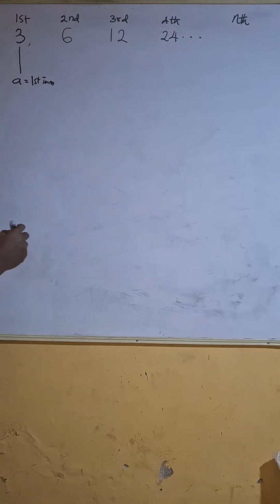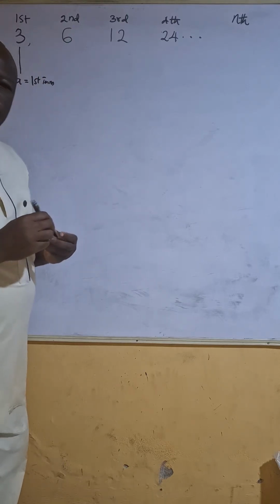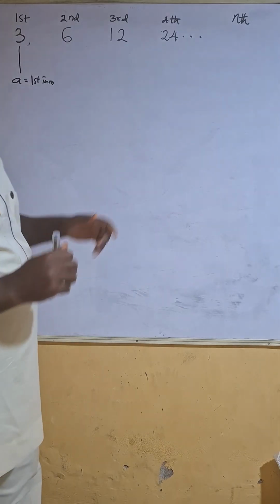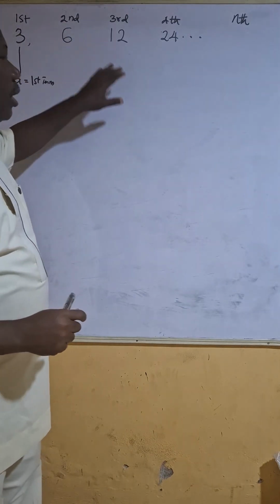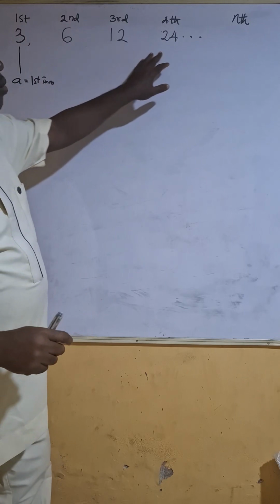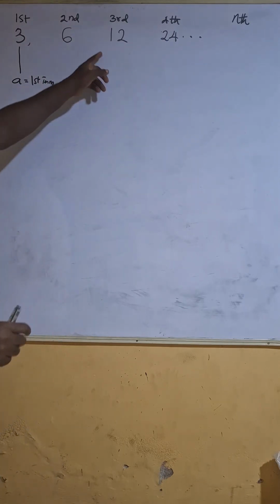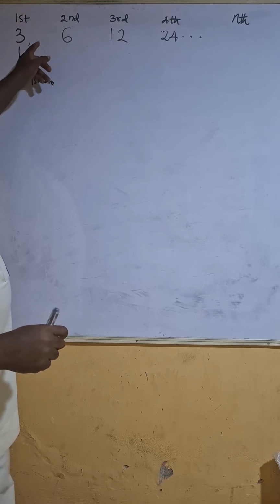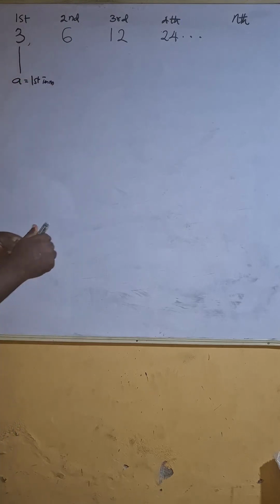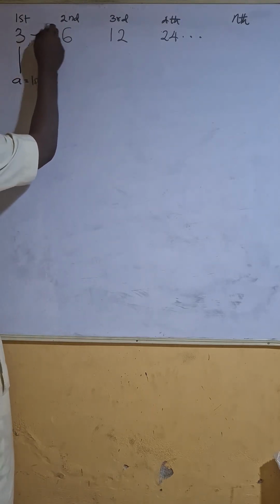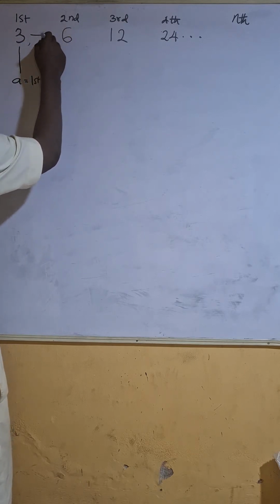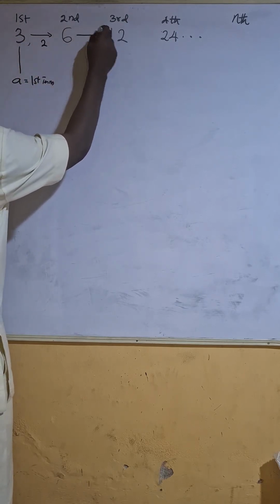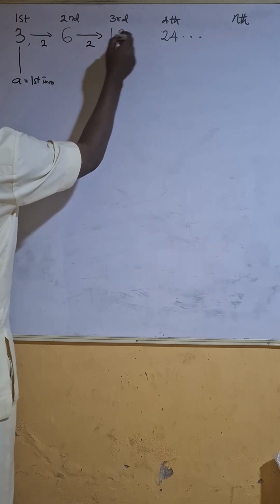Okay. Now, let us look at the relationship or what connects the neighboring terms together. If you look at it very well, you will see that each of these terms, the preceding term has been multiplied by 2. That is, the relationship between this and this is 2.